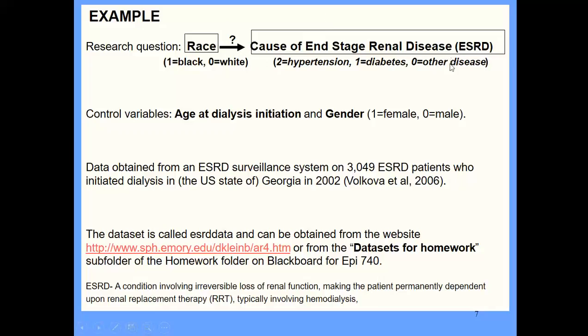The concern is whether, for example, if you're black versus if you're white, the cause of the non-functioning kidney may more likely be hypertension if you're black than it might be diabetes. That's what's being asked: is the cause of the disease going to more likely be one thing than another depending upon whether you're black or you're white.